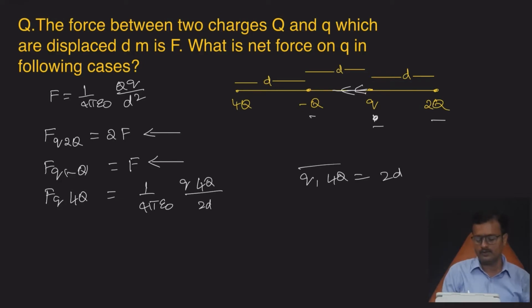So distance whole square. So that is 1 by 4 pi epsilon naught 4Q q by 2d whole square. Here 2 square is 4, so 4 cancels. So 1 by 4 pi epsilon naught Q q by d square, that is F.